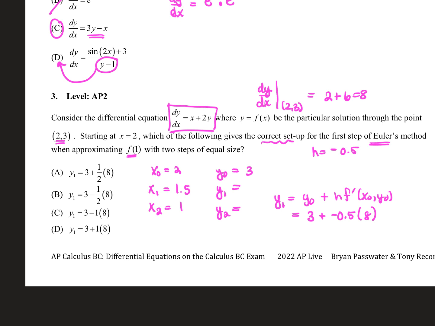So our next value is, let's see, y1 would be negative 4 plus 3. Oh, which one is the right one? So this one's the right answer. Sorry, I didn't even need to crunch it. It's right there.